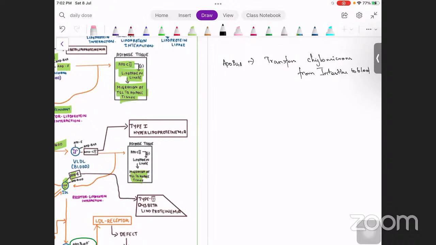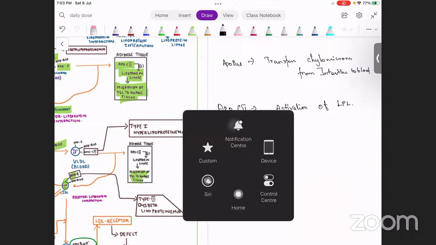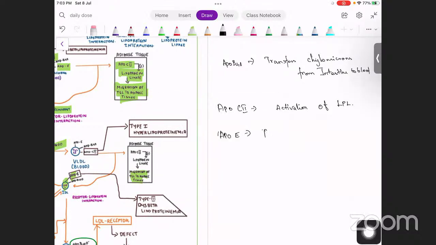and ApoC2, activation of lipoprotein lipase. Okay. ApoE mediates the incorporation of the lipoprotein into the liver. So we used to write it as receptor lipoprotein interaction.